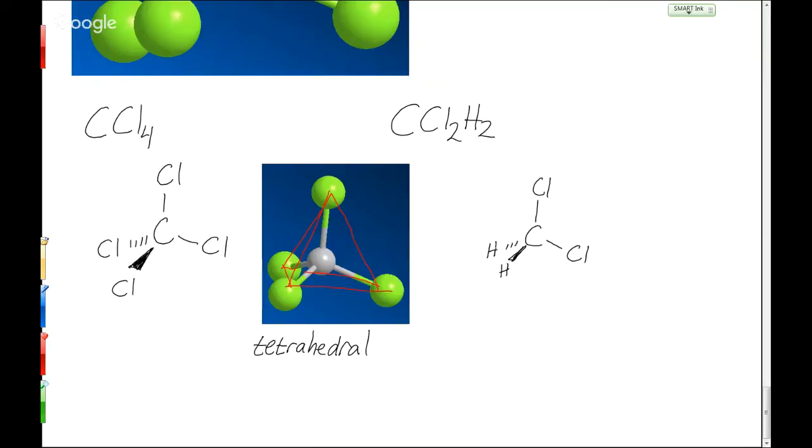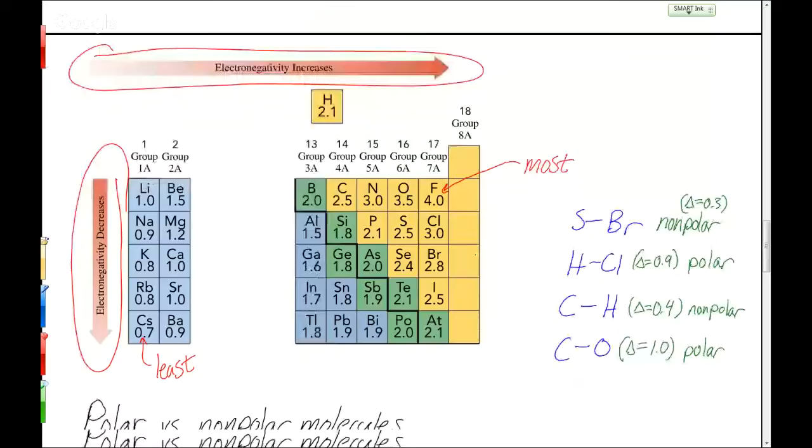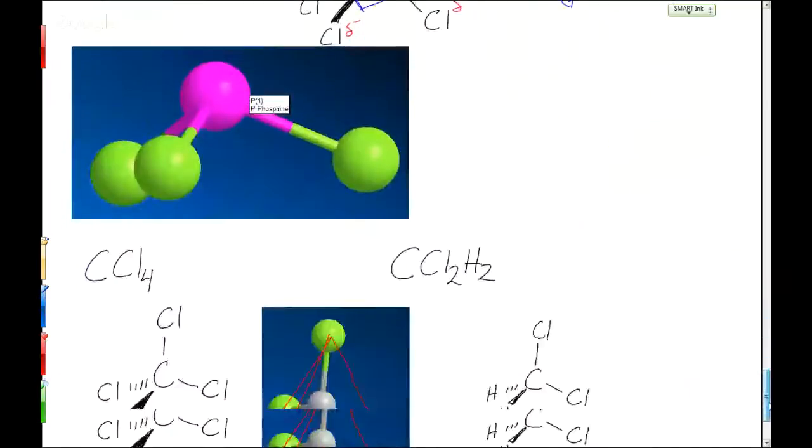Okay. So think about the bond vectors in those two scenarios and decide whether those molecules are polar or not. Just to help you, a CCl bond, we'll go back down a second. A CCl bond is polar, just barely. A CH bond is not.